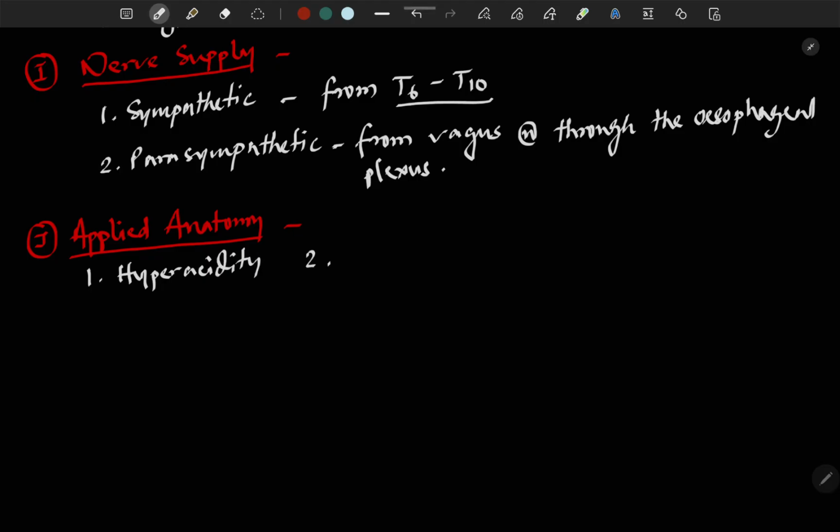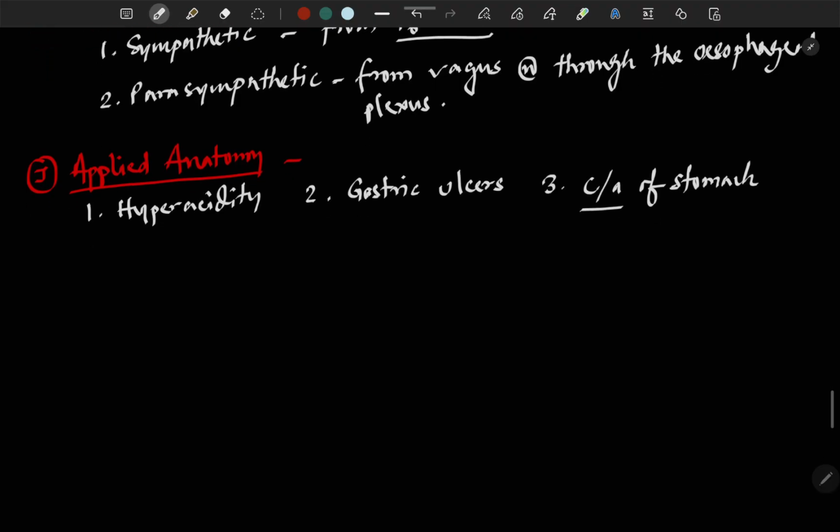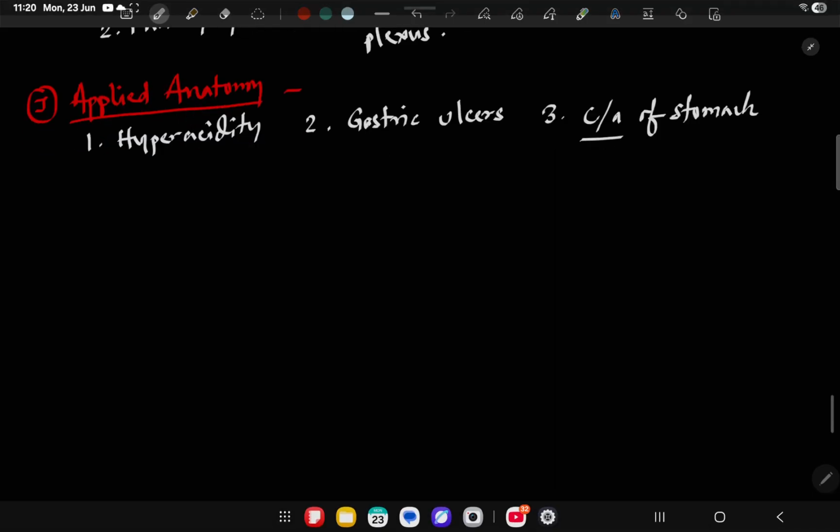Number 2 is gastric ulcers. Number 3 is CA of stomach, or cancer of stomach.